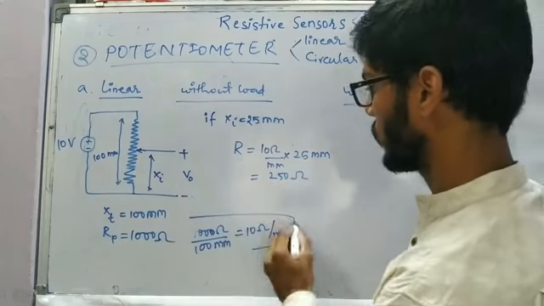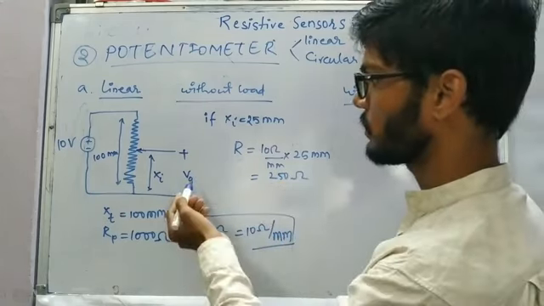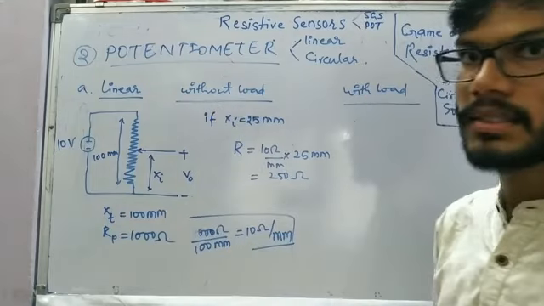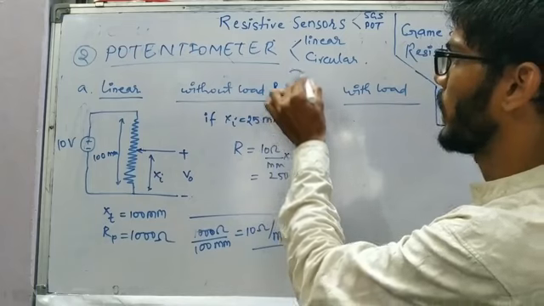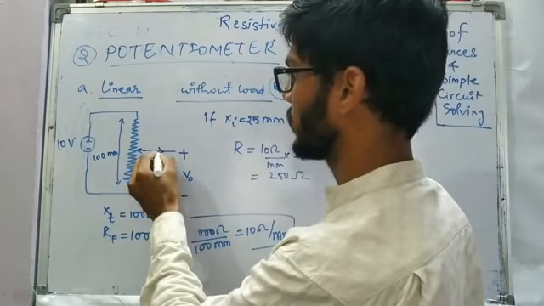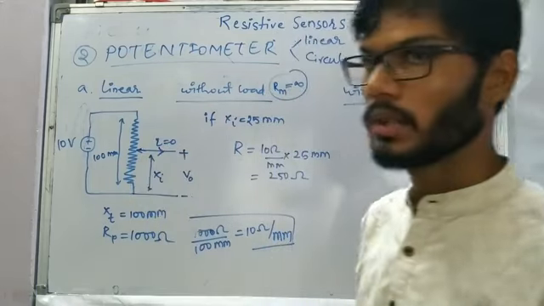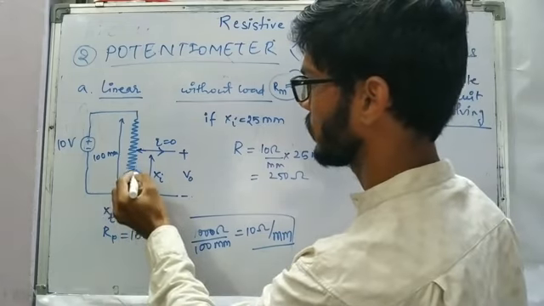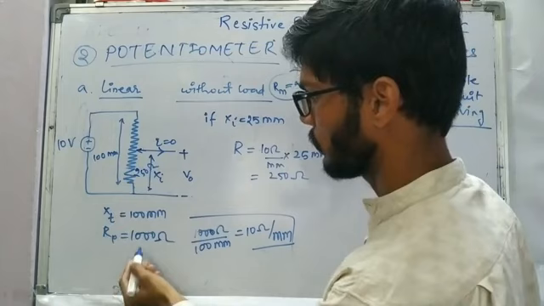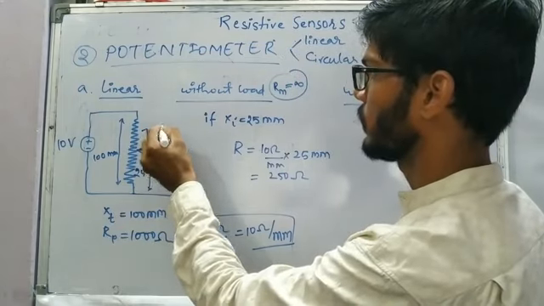Now it is just simple voltage division, because this case is without load, which means that the voltmeter we are going to use has infinite resistance, and it is not going to draw any current in this particular path. So we can simply apply voltage division here. This resistance is 250 ohm, and out of 1000 ohm this is going to be 750 ohm.